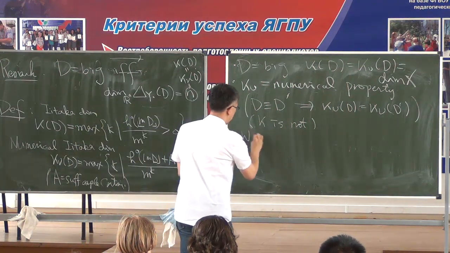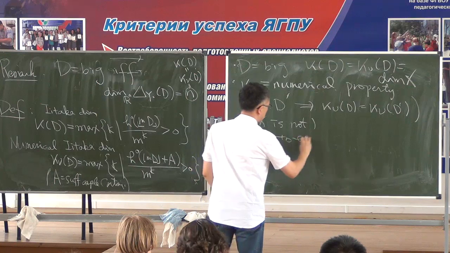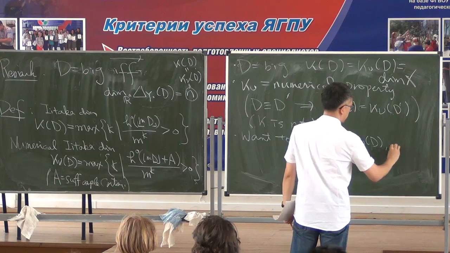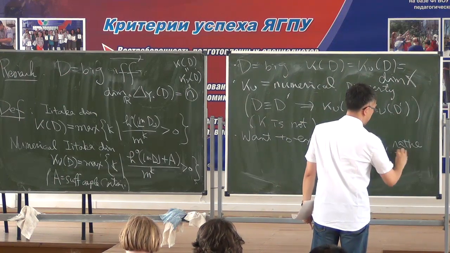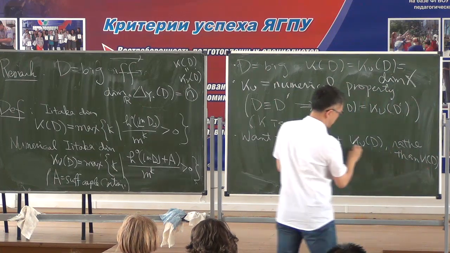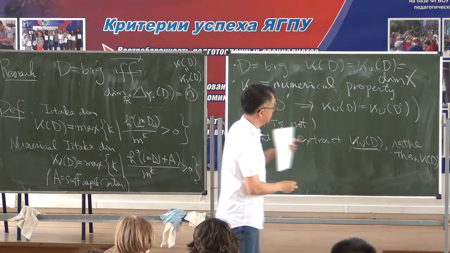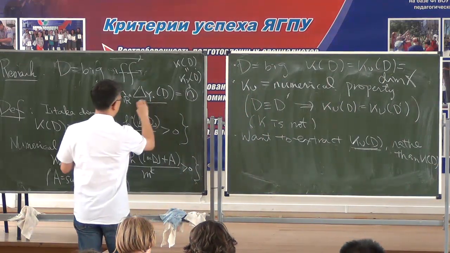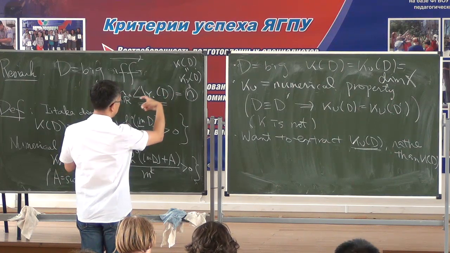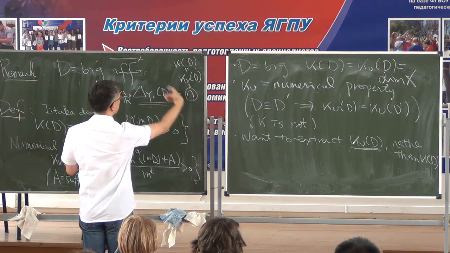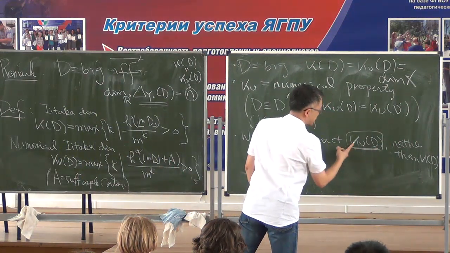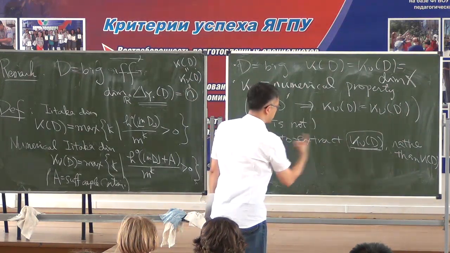Extract this rather than that, because this is not numerical. This is a numerical invariant. Okay, and the original construction was so the original Okounkov body was a numerical object. So we want to extend this result by extracting this dimension from the Okounkov body.